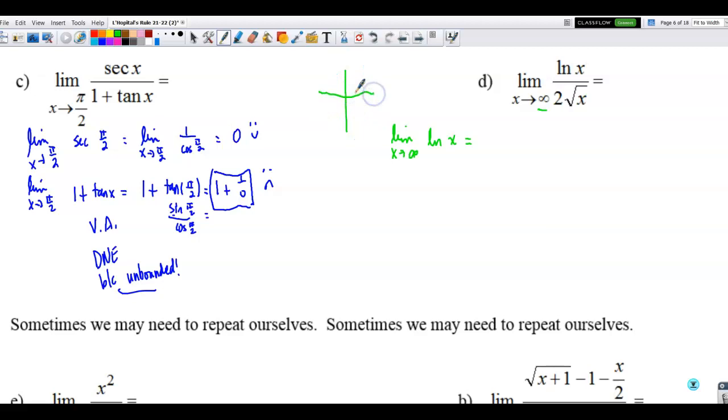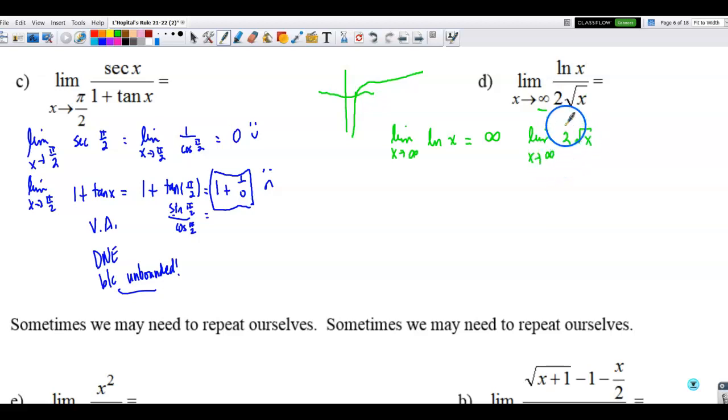Remember, it goes through the point (1, 0), and it grows slowly over time and travels towards infinity. So as x goes to infinity, the y goes towards infinity.